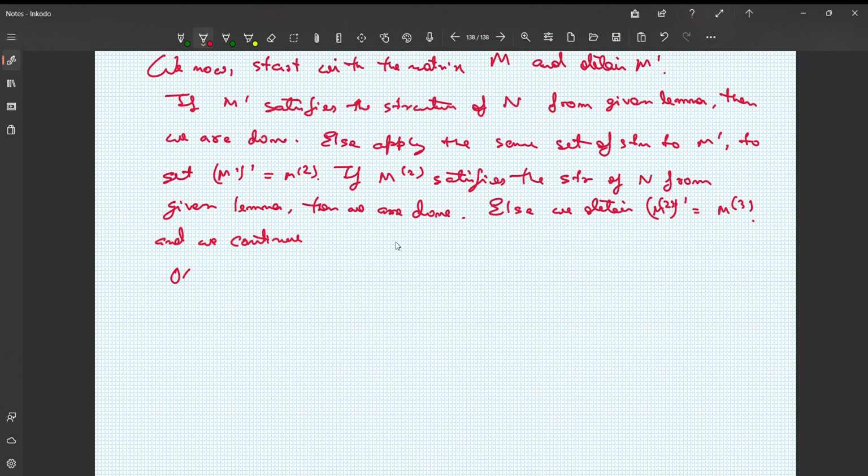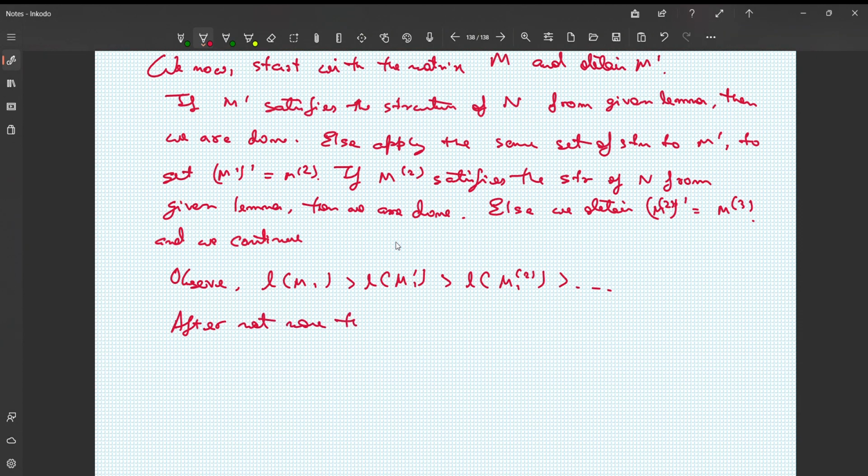The thing to observe is that at each step, L decreases. Observe: L of M1 is greater than L of M1 dash, which is greater than L of M2, and so on. And this process will obviously end in not more than L(M1) iterations.